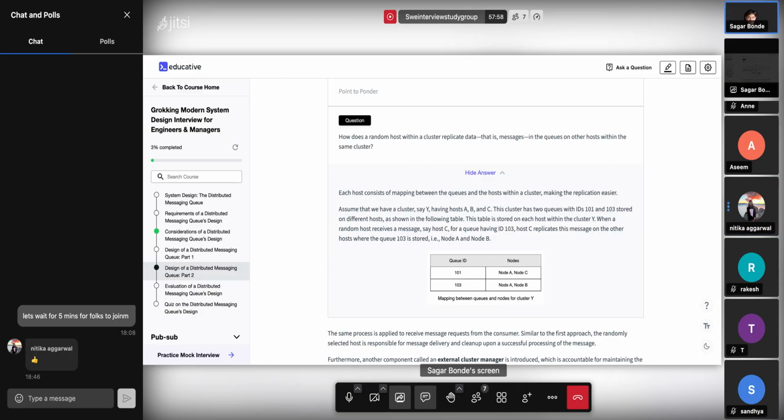Assume that we have a cluster, say Y, having hosts A, B, and C. This cluster has two queues with IDs 101 and 103 stored on different hosts as shown in the following table.